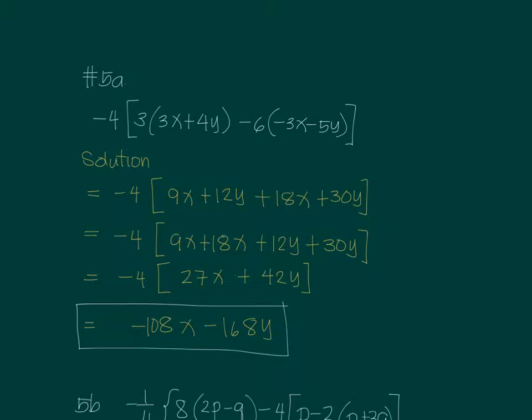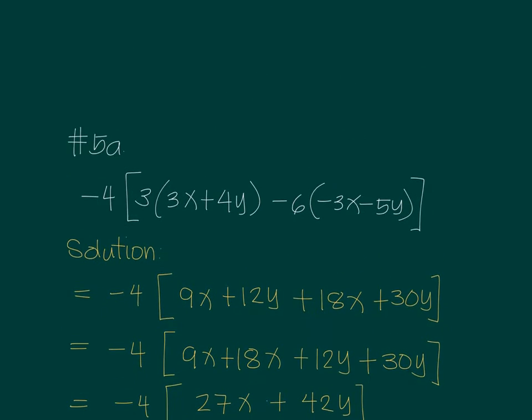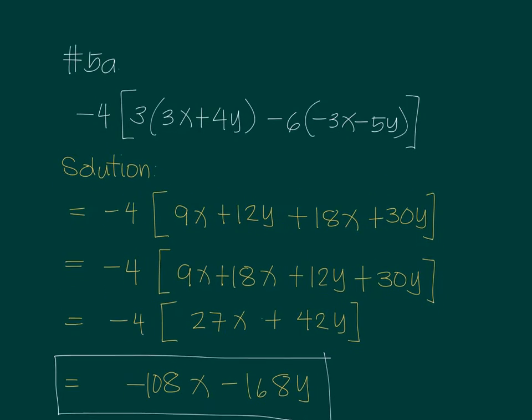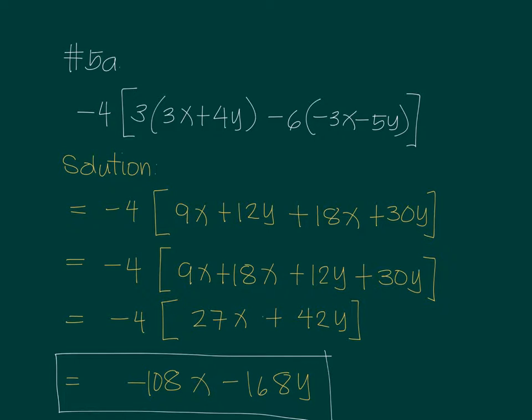The first problem given is negative 4 times the group 3 times 3x plus 4y minus 6 times negative 3x minus 5y. Now the key in simplifying expressions like this is always work from the inside.